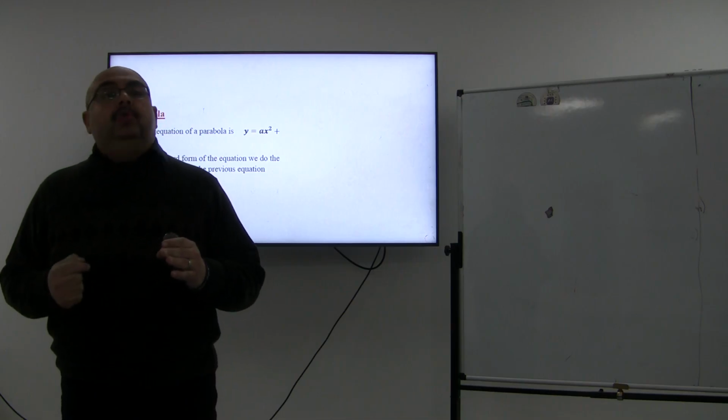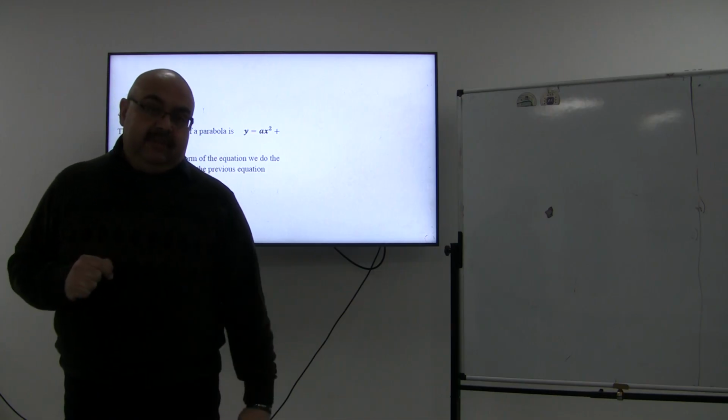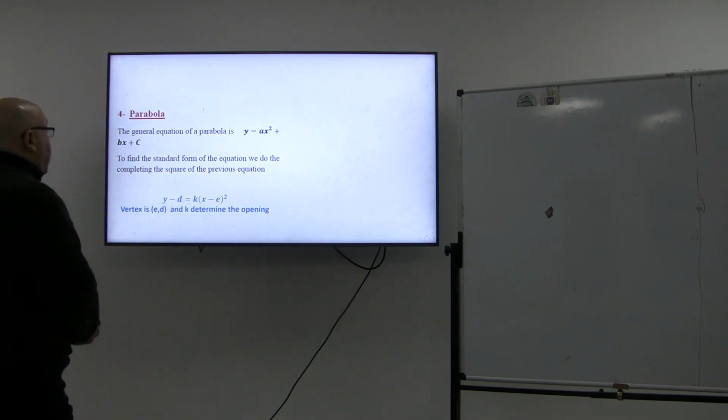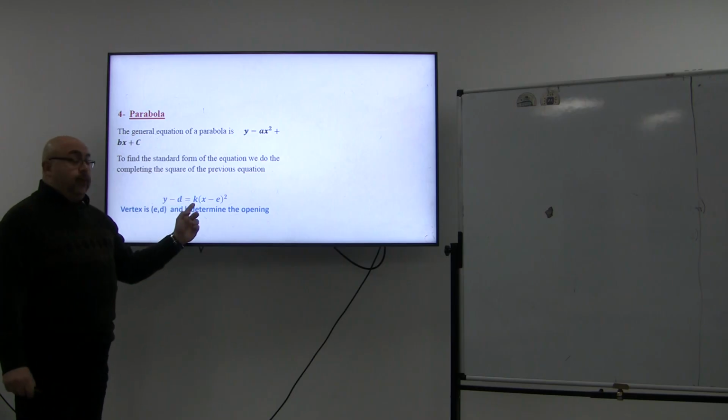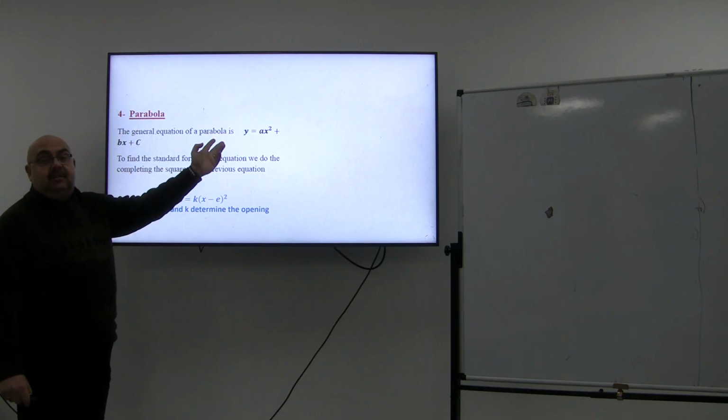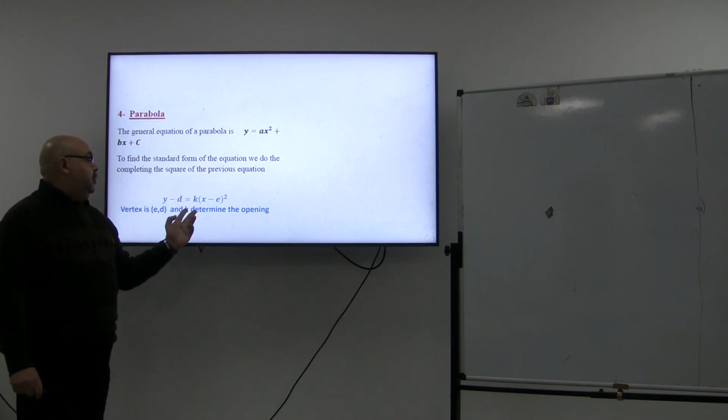So how to get the vertex and how to graph it? If you could complete the square to put this equation on this form, it's very, very simple, just rewrite or rearrange this equation to be on that form.